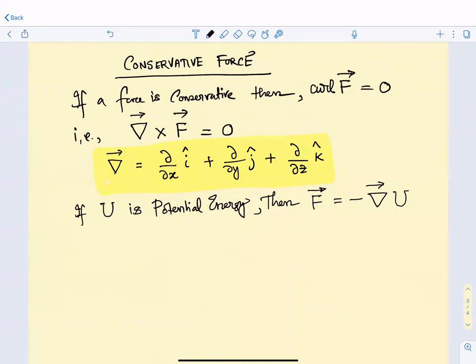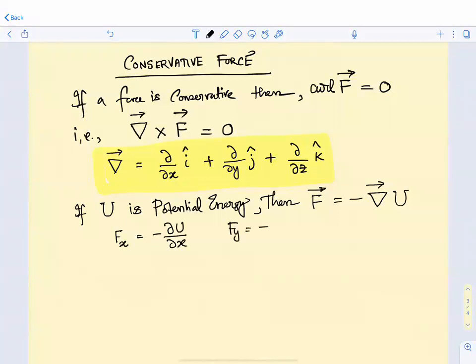So U is potential energy. That means we know that Fx equals minus del U del x, and Fy is equal to minus del U del y, and Fz is equal to minus del U del z.